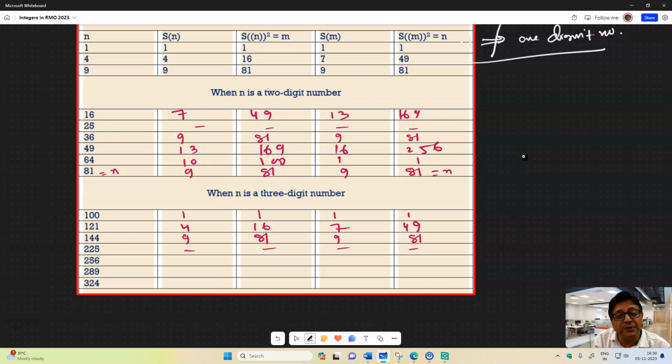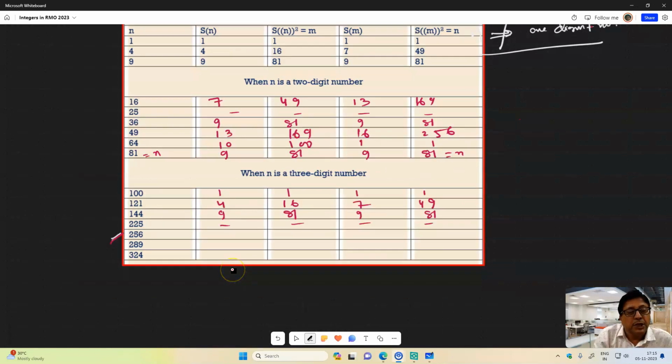We did not calculate 256. Here Sn is equal to 13. Now for 256, the sum of the digits is 13, and its square is 169. The sum of the digits here is 7, 9, 16, and its square is 256.